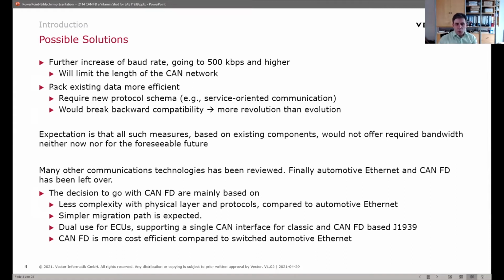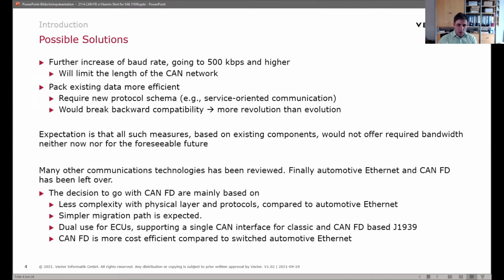The other thing is we can seriously think about packing existing data more efficiently. Inside J1939, a lot of signals are transmitted even though they are not used. They are communicated on the network as not available. So we can certainly think about getting rid of this and only transmitting those signals which are relevant for this specific network.